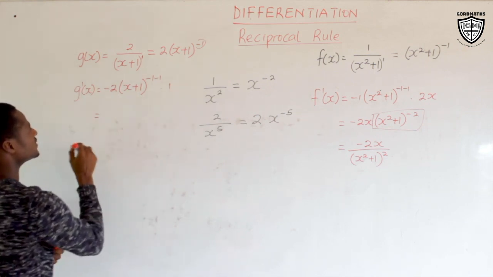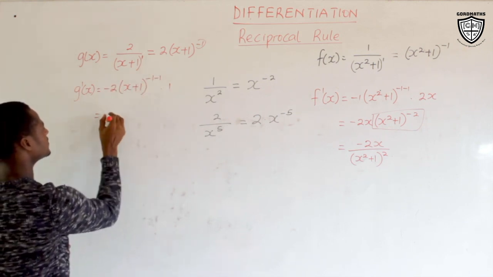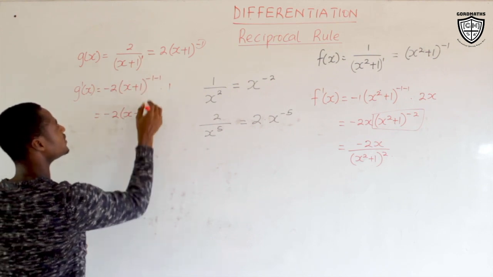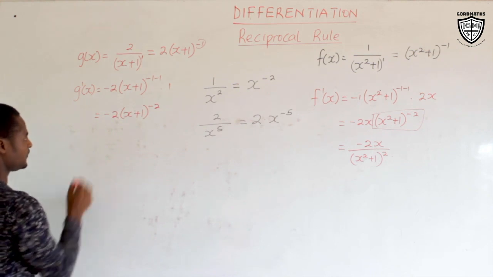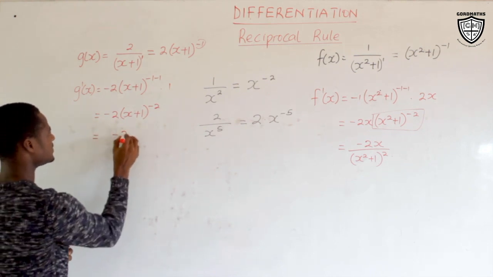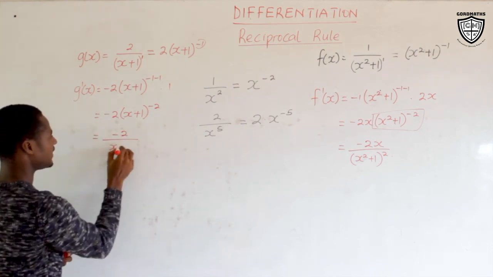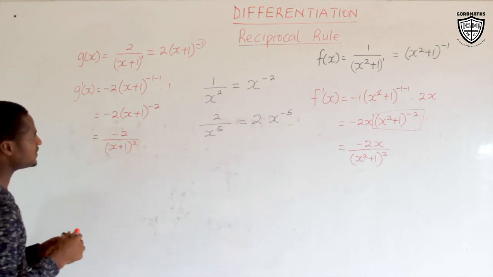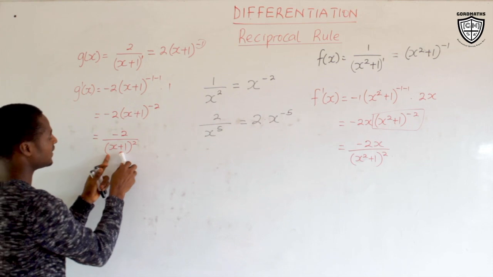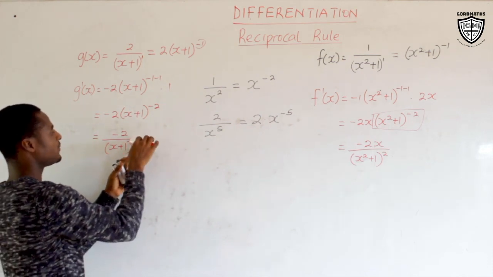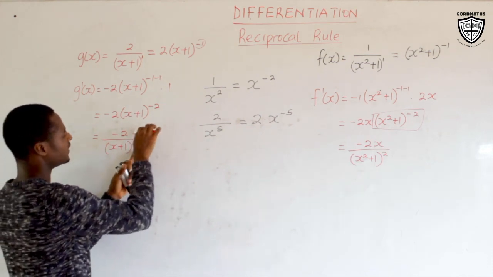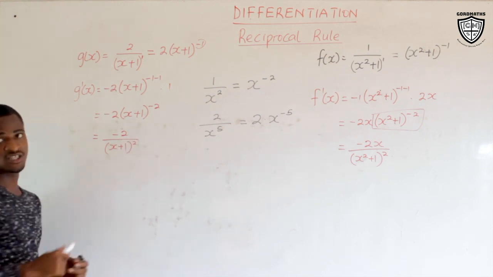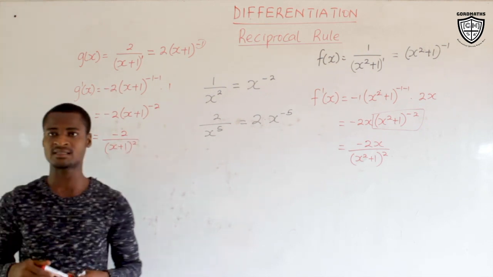So since this is multiplied by 1, we will have negative 2 times (x plus 1) all to the power negative 2. And this will be written as negative 2 divided by (x plus 1) to the power 2. So note that when the denominator is moved upwards, the power changes its sign. And when it's moved back as a denominator, the sign again changes. We will take a few further examples on this.